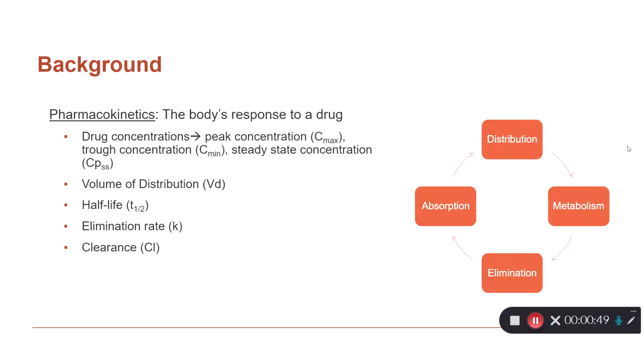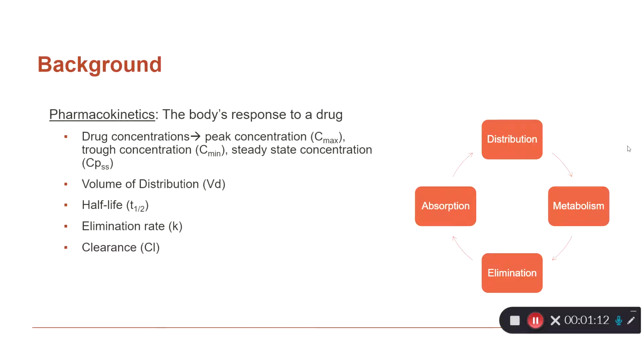And so there are several different pharmacokinetic parameters that are going to be associated with each of these different phases. And so we'll have some drug concentrations that we'll be looking at. We will have our volume of distribution, half-life, elimination rate, and clearance. So these are just a few of the parameters that I chose to basically look at with my calculator.